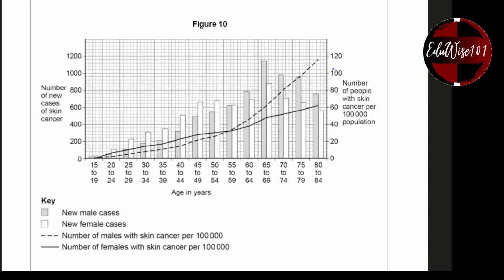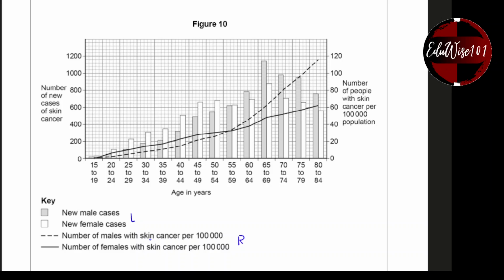The y-axis on the right-hand side goes from 0 to 120. That's for the number of people with skin cancer per 100,000 population. So this on the right-hand side. And the bar graph values are on the left-hand side.